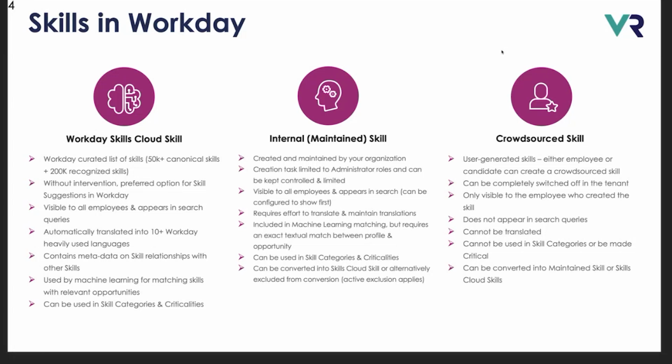So that might mean, for example, that you have a skill called computer literacy, but Workday includes a skill called basic computer skills into their library. Now, those are not the same, they're not a textual match, right? But in reality, they are the same thing. So basic computer skills, computer literacy, it's almost synonyms, right?